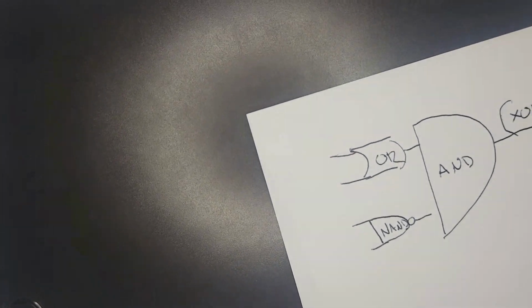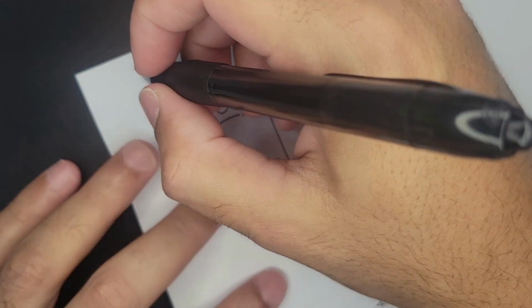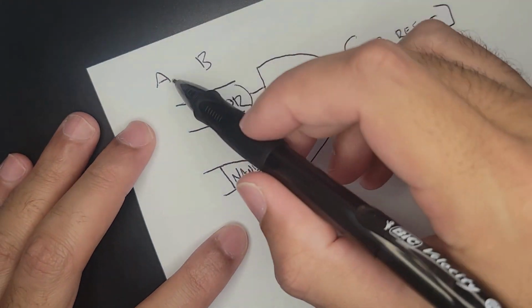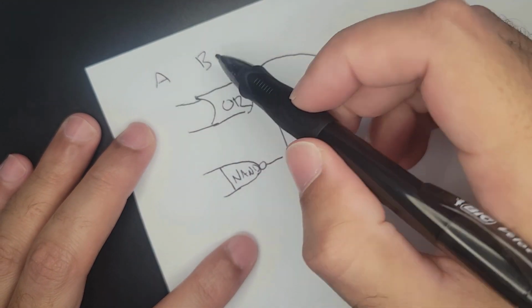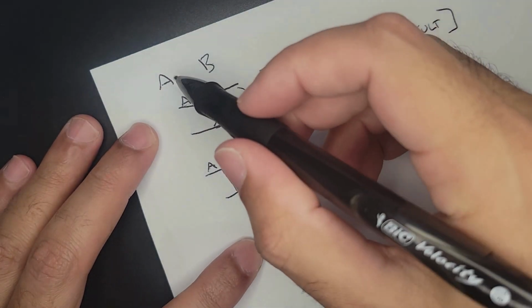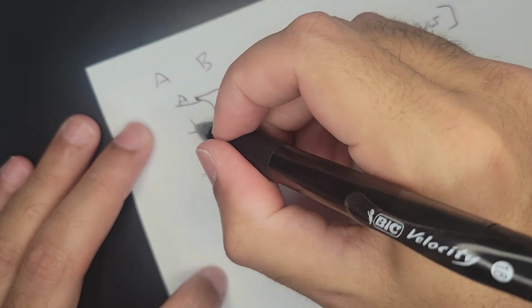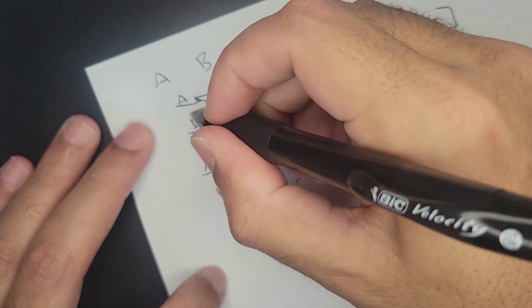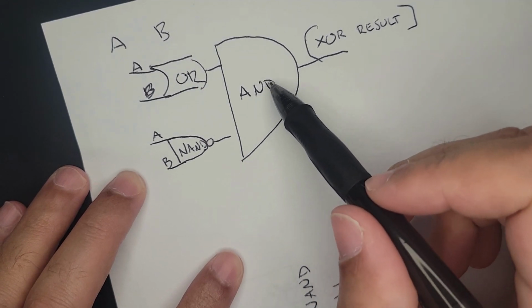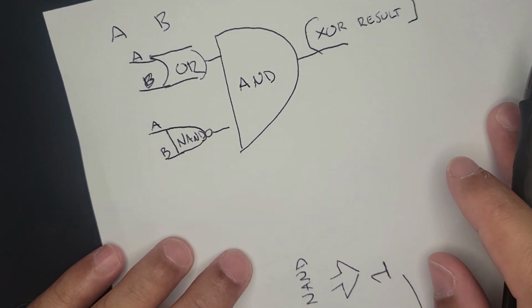Let me raise this up a bit so I don't keep hitting the light. Okay, so we have A and B as inputs, and we're going to use the same A and B. So A goes here, and A also goes here, like a parallel type connection. And then B goes here, and B also goes here. We put them into the AND gate, and then the output of the AND gate is our exclusive OR result.